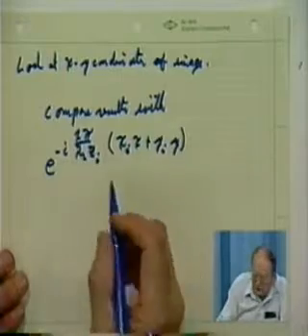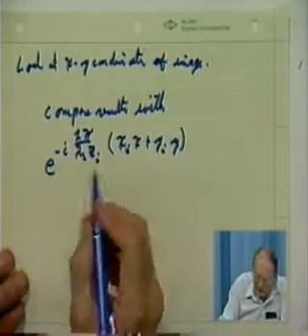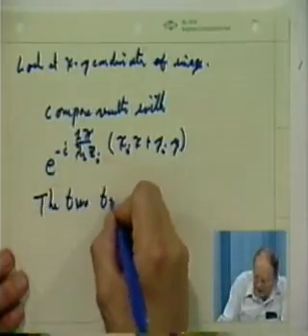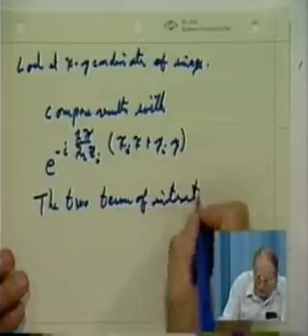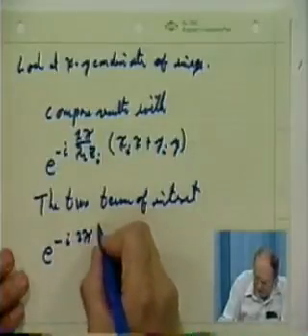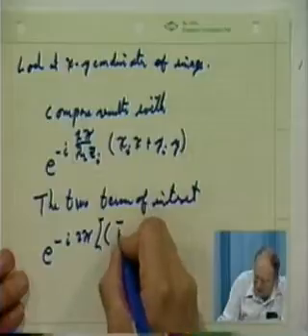And so the two terms of interest, if we go back and look at the making of the hologram, the reconstruction process, the two terms of interest are e to the minus i 2 pi. And I'll just copy these down here, hoping we have the signs right.